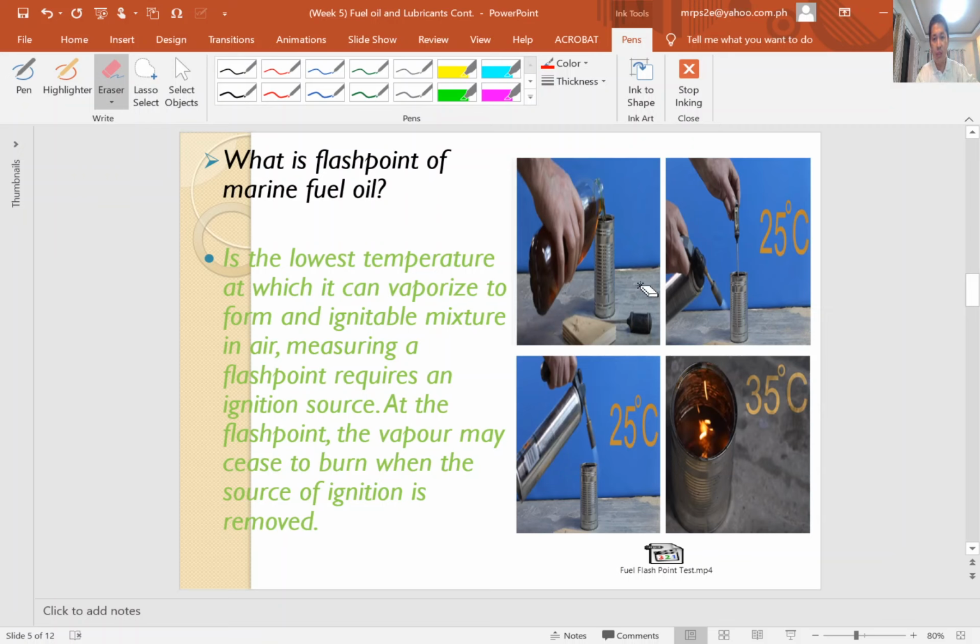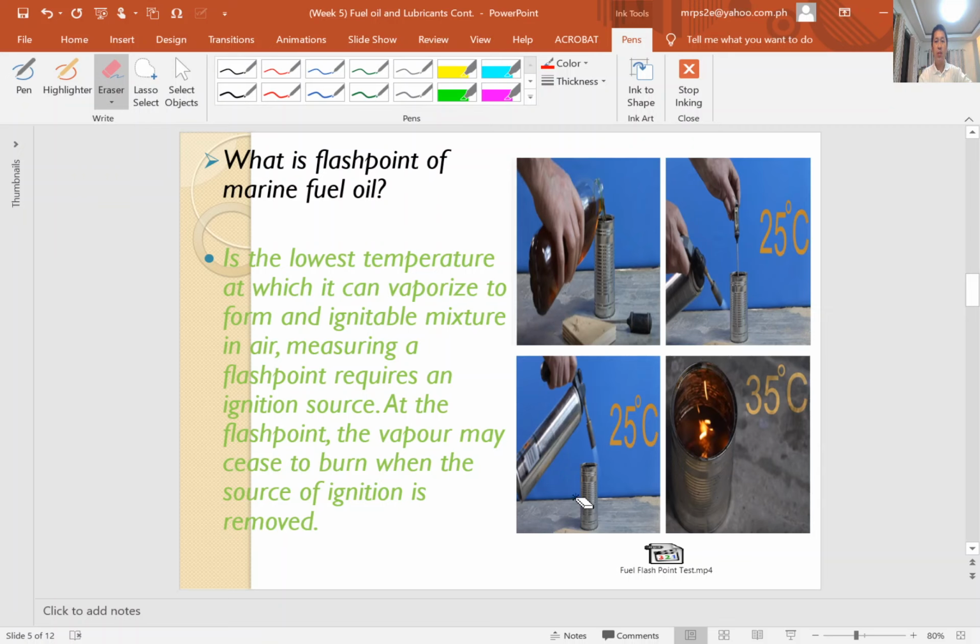So for example here, you see this sample. There is a thermometer here. The one who did this experiment put a thermometer and oil inside, and the probe or the sensor of the thermometer is submerged. Then it is applied with a heating torch. At 25 degrees Celsius, you cannot see a flash.